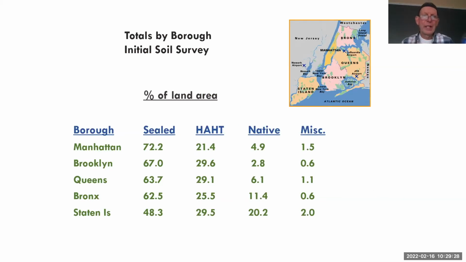And these totals vary by borough. Manhattan, the heart of the city, has the most sealed soils or pavement and buildings. And Staten Island has got probably the most native soils left.